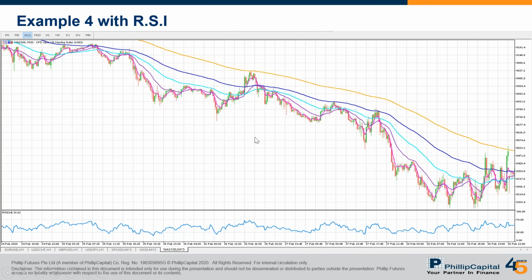When it's on a downtrend, we want to short when prices are overvalued. So above 70 is probably an indication that prices are temporarily overvalued. And if it also hits the resistance, it's probably a good opportunity. The probability of it coming down after hitting the resistance will be higher. So this is a downtrend.